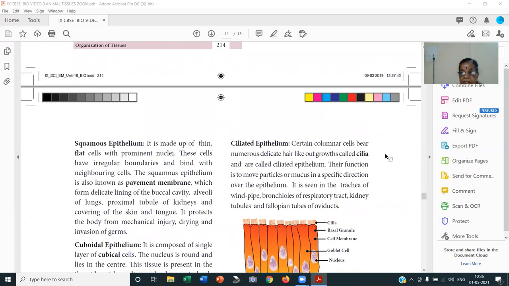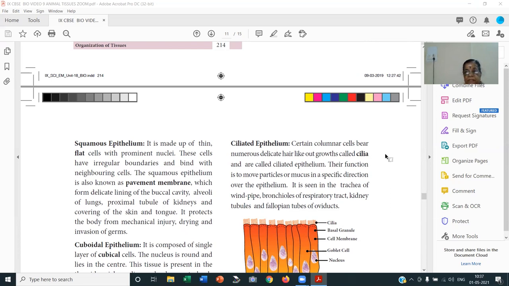Nephron is a structural and functional unit of the excretory system. It is formed of a cup-shaped Bowman capsule continued as proximal convoluted tubules.